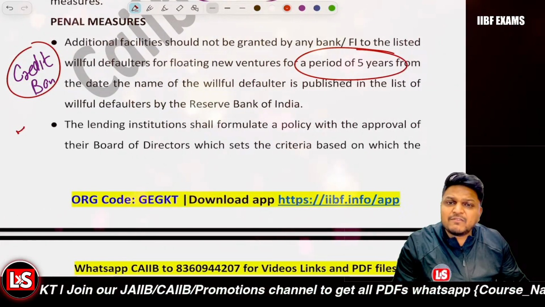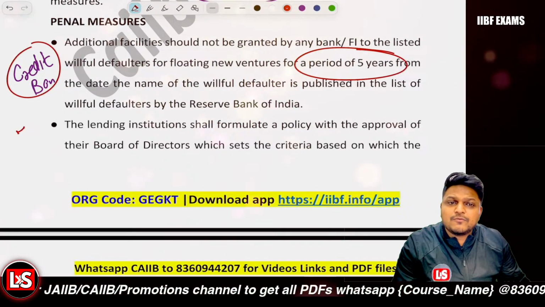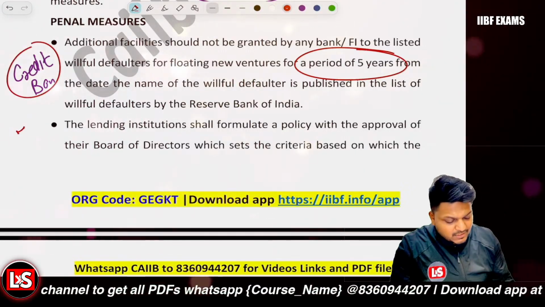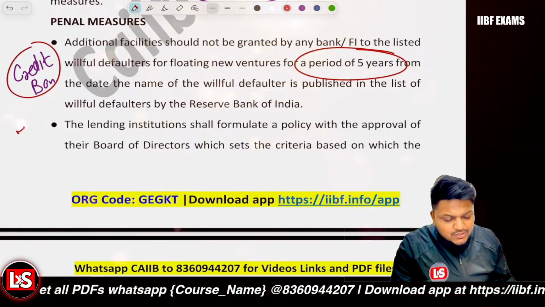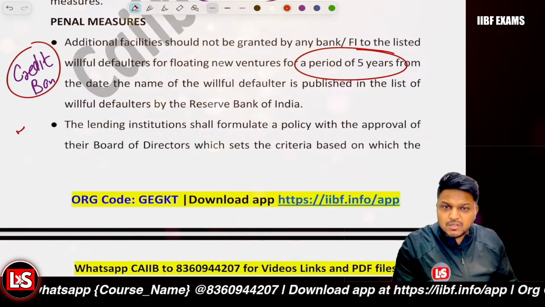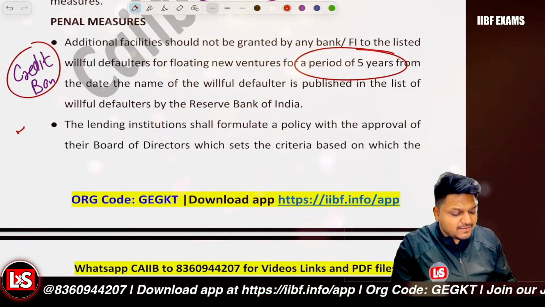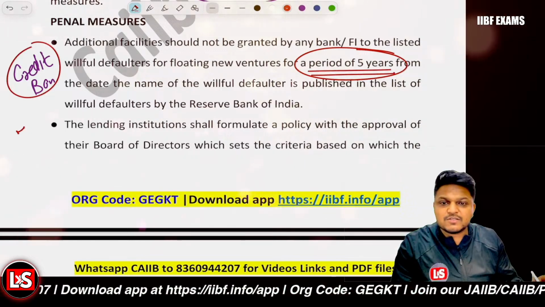And this credit ban will be there for new ventures as well as for the existing businesses. If they are floating any new ventures, or running any existing businesses, this credit ban will be there for a period of 5 years.